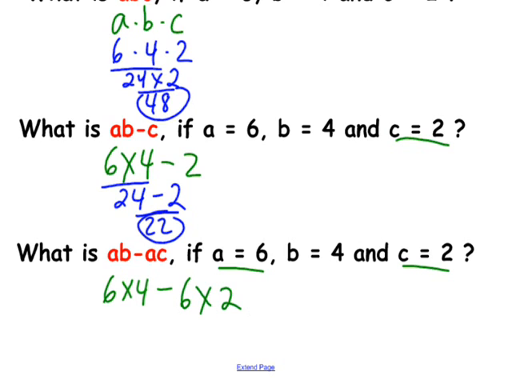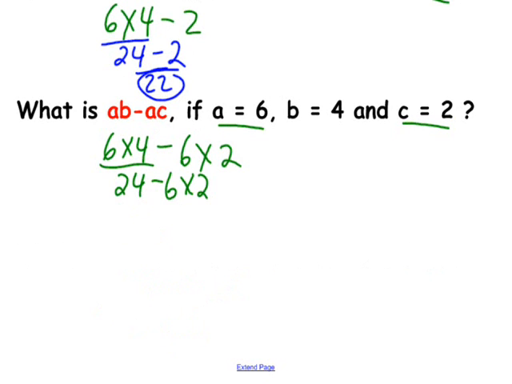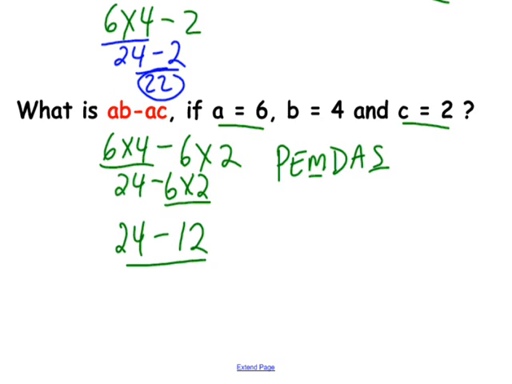So order of operations, we're going to do 6 times 4 first. That's 24 minus 6 times 2. So we're going to do the multiplication first. Remember, PEMDAS. We do multiplication before we do subtraction. And 12 would be our answer.